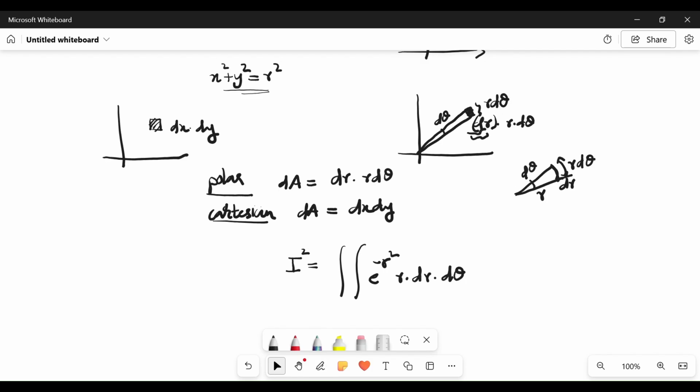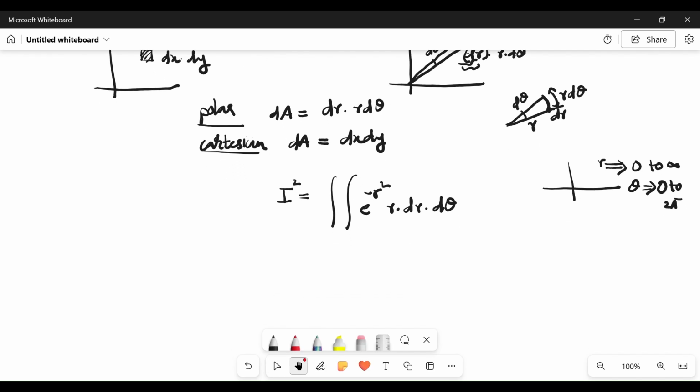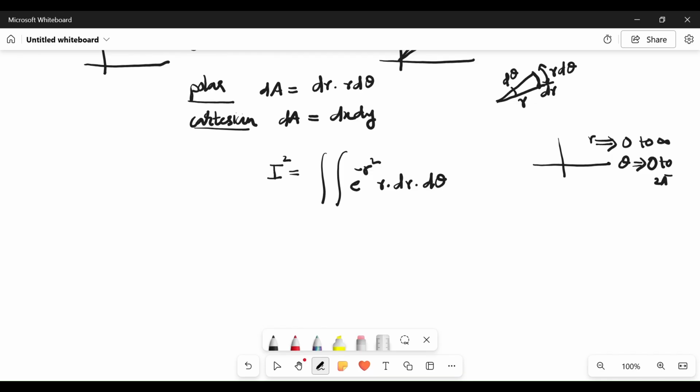Now you can see that in this polar coordinate system, r varies from 0 to infinity and theta varies from 0 to 2 pi. So I'm exactly writing that here: r from 0 to infinity and theta from 0 to 2 pi.